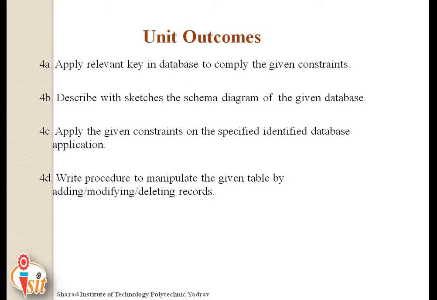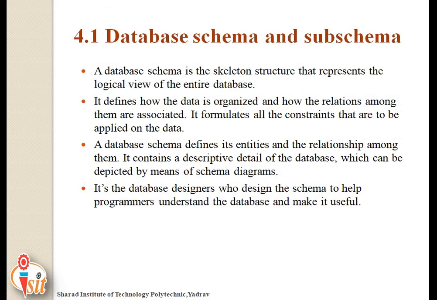But before starting the actual relational database model, I want to revise what the relational database model is, as we saw in the second unit. A relational model represents a database as a collection of relations. A relation is nothing but a table of values. Every row in the table represents a collection of related data values.